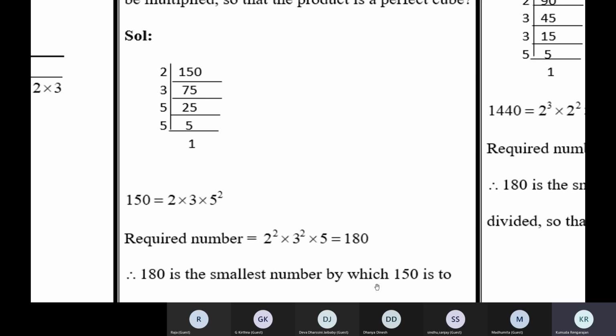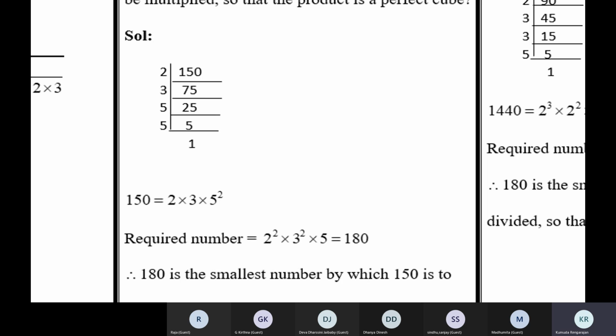And when you multiply 150 by 180, you get 27,000. And 27,000 is a perfect cube because the cube root of 27 is 3 and from 3 zeros, 1 0, so 30. The cube root of 27,000 is 30 because 27,000 is 27 into 1,000.